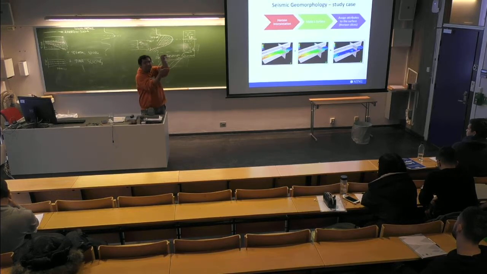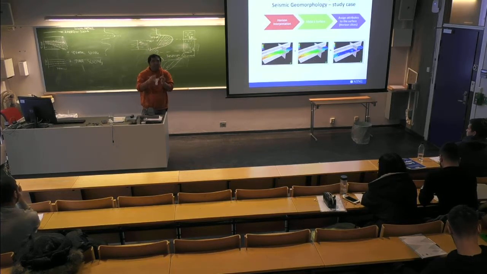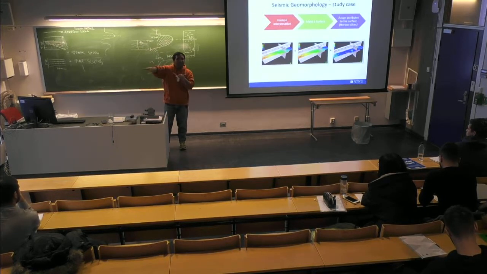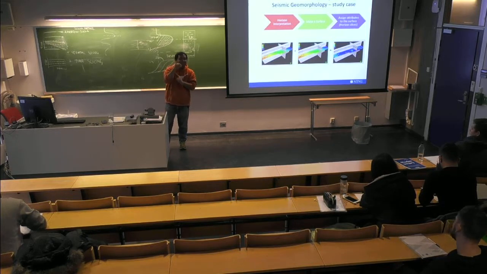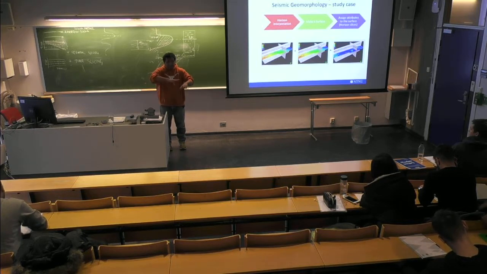So you slice on the imaginary horizons that proportionally divide the zone into the same thickness. If it is time, then you just cut the layer following the time domain of your seismic data. Like a Z, so in your 3D seismic, you have inline, crossline, and Z. That Z is the time slice. So when you show the Z in your project, you have an image. That's the image of the time slice.